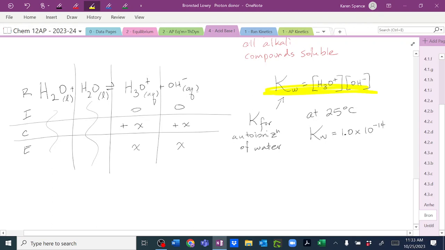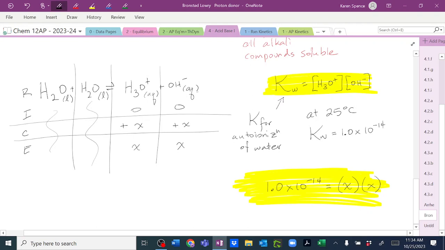We can substitute in all our things. What's Kw? 1.0 times 10 to the negative 14. And H3O plus is X and OH minus is X. So we have X squared is equal to 1.0 times 10 to the negative 14.